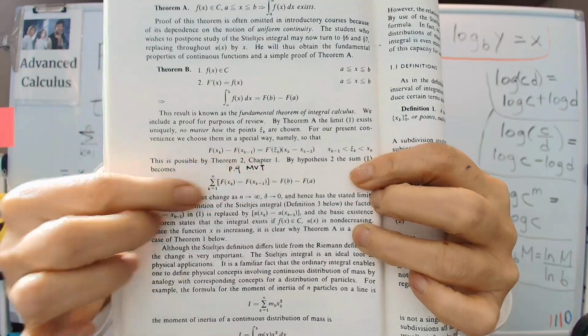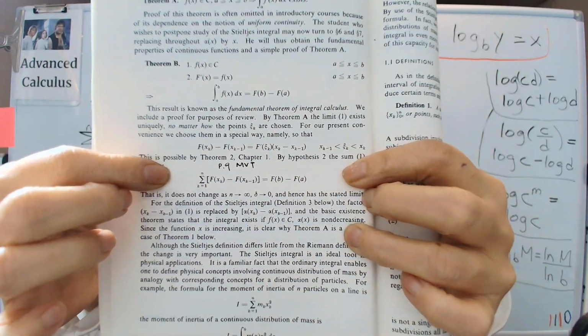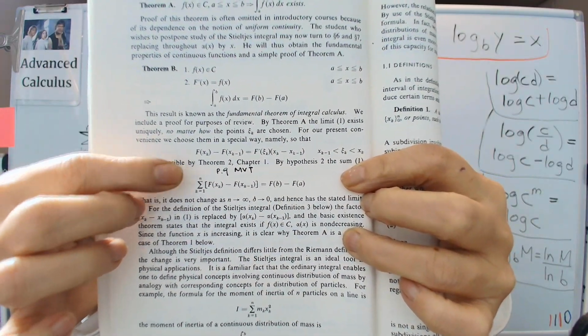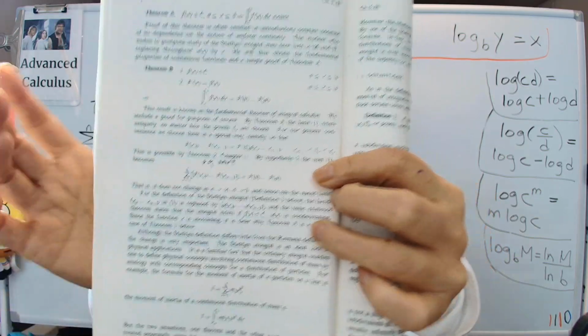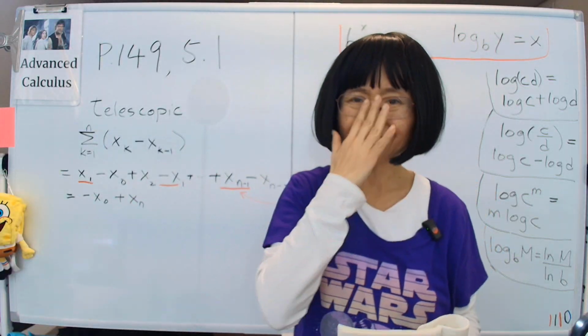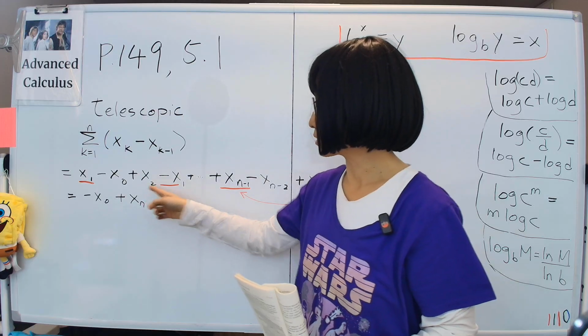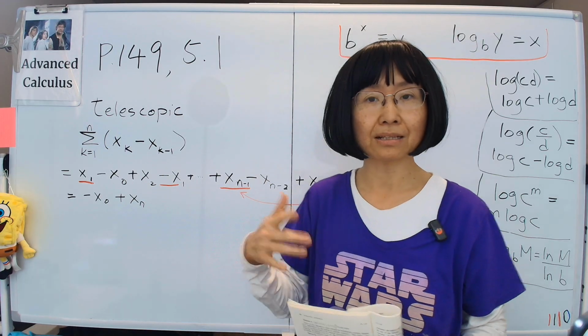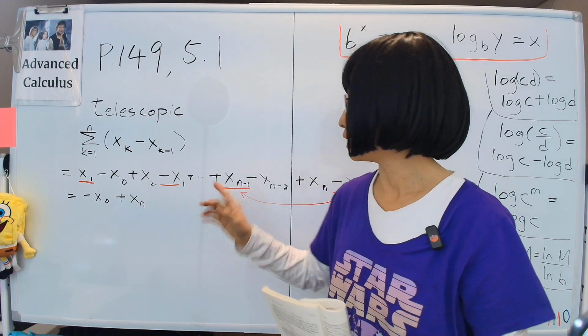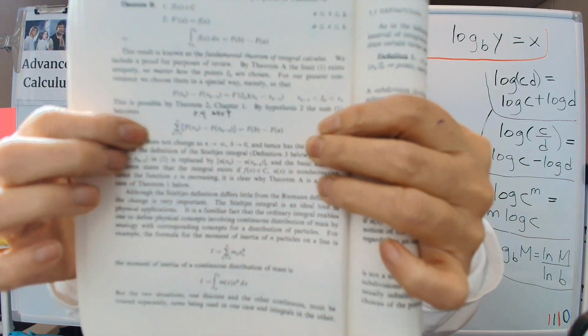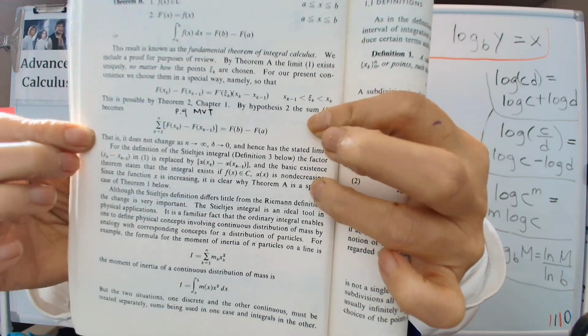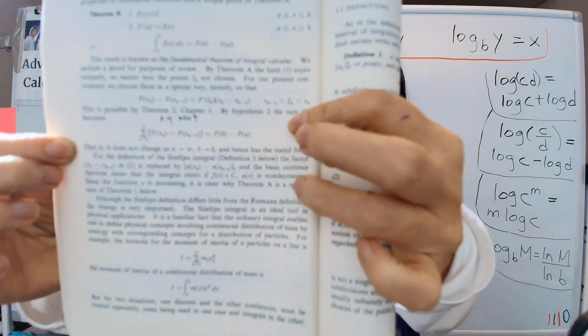Everything stays the same, and therefore the limit does exist, and it equals what it's supposed to equal. Remember, delta is the maximum of the distances xk minus xk minus 1, which is the definition of delta from the previous page. So that concludes the proof of theorem B.